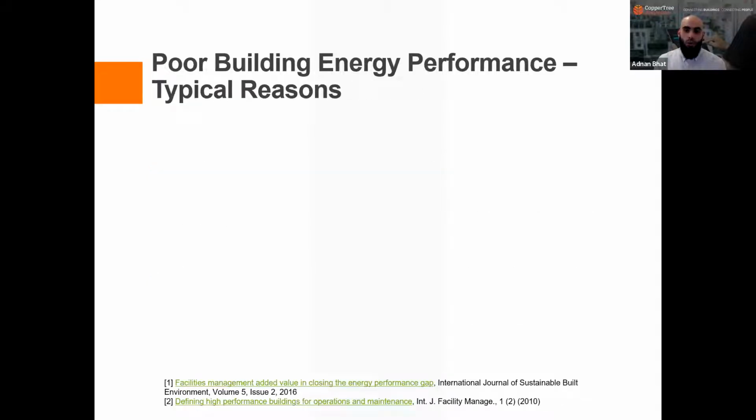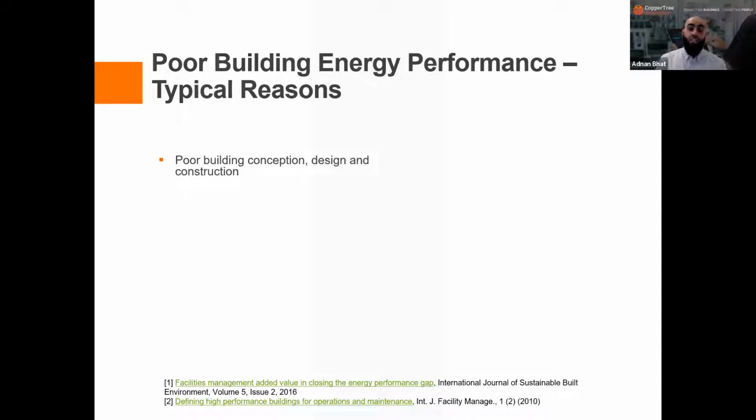So let's explore the typical factors that result in a poor building energy performance. And these are essentially some of the work that facility management teams have to get into. So number one, poor building conception, design, and construction. Now, this is really outside the control of facility management and operations team.